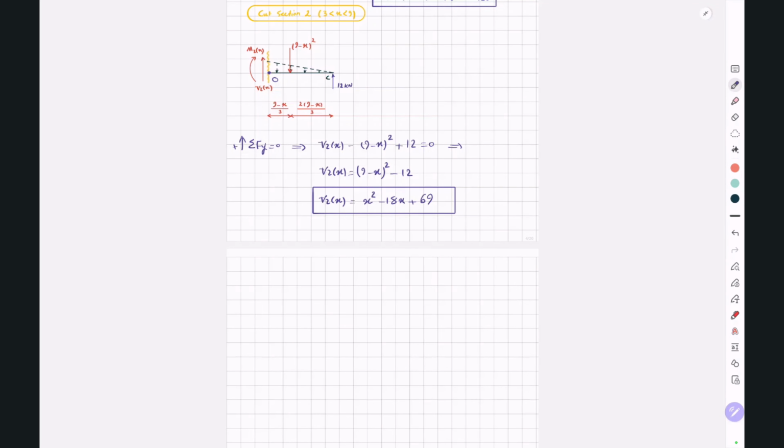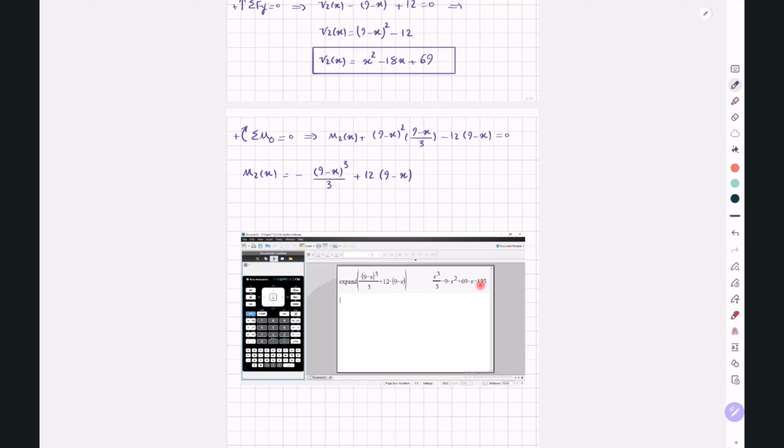So M2x will be equal to negative 9 minus x to the power of 3 divided by 3 plus 12 multiplied by 9 minus x. And now if we expand this function, we will get M2 equal to x to the power of 3 divided by 3 minus 9 multiplied by x to the power of 2 plus 69x minus 135.